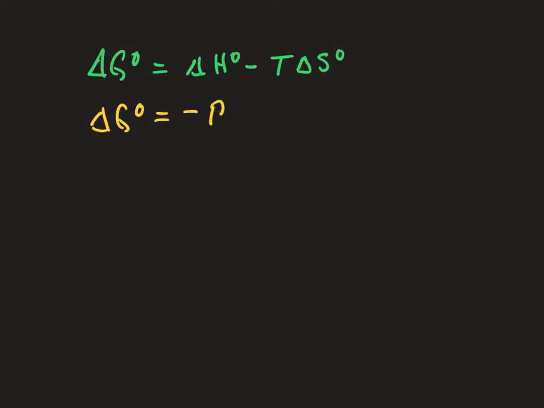Okay, we've developed two equations here, right? We've got that delta G0 equals delta H0 minus the temperature times delta S0. We've also done delta G0 equals minus gas constant R times temperature times the natural log of the equilibrium constant.